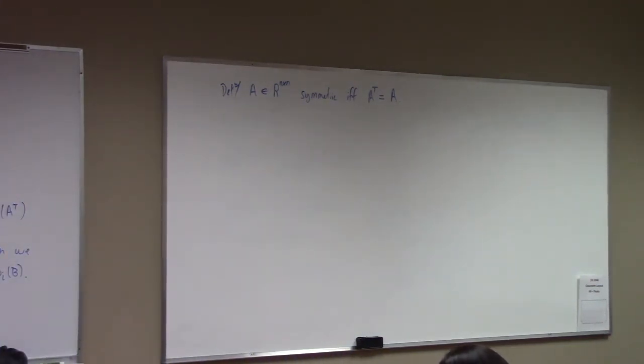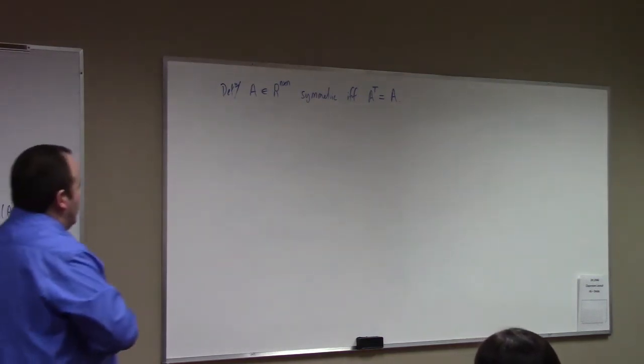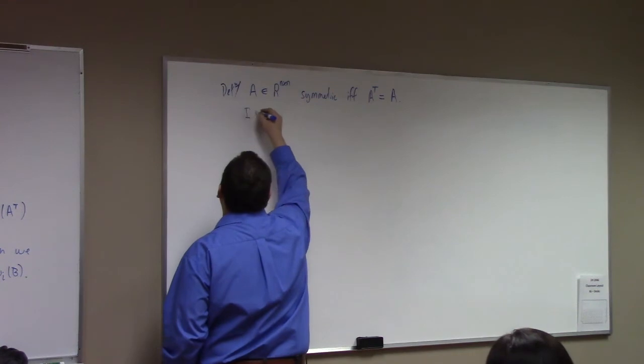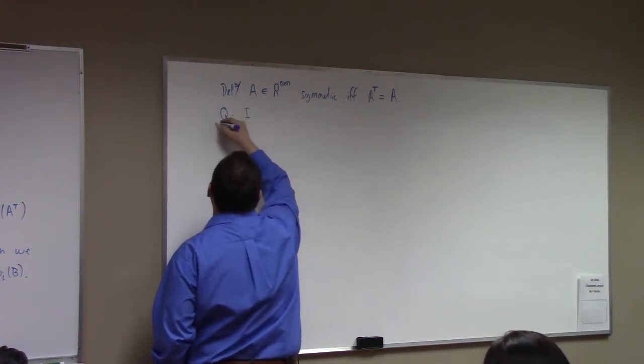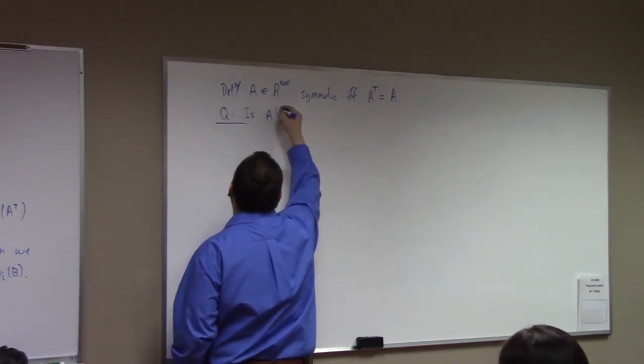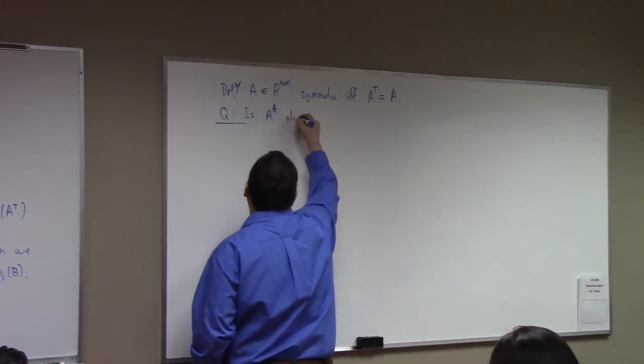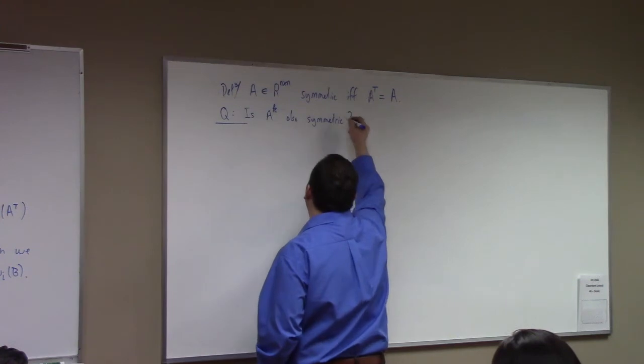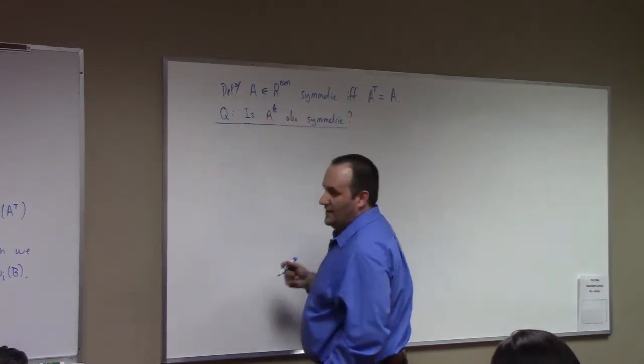So what if you had a symmetric matrix? Here's the question. Is A to the power k also symmetric? So what about the kth power of that matrix?